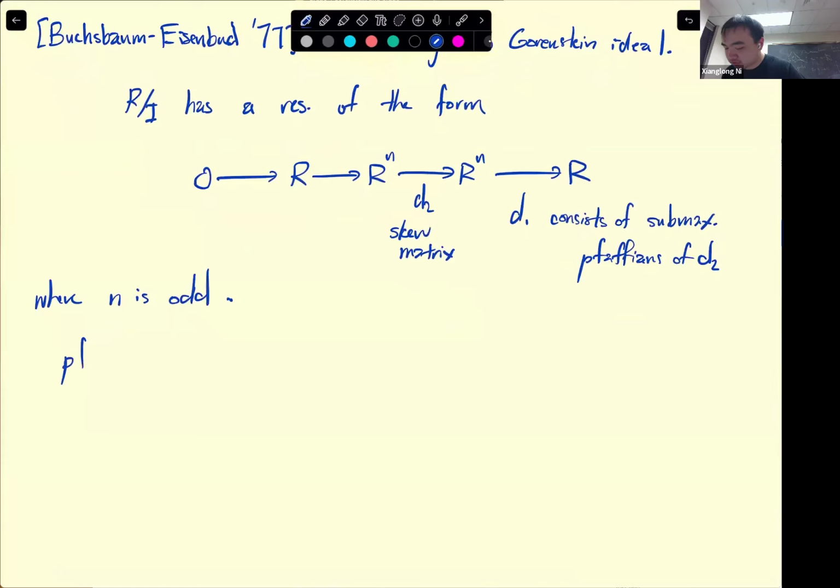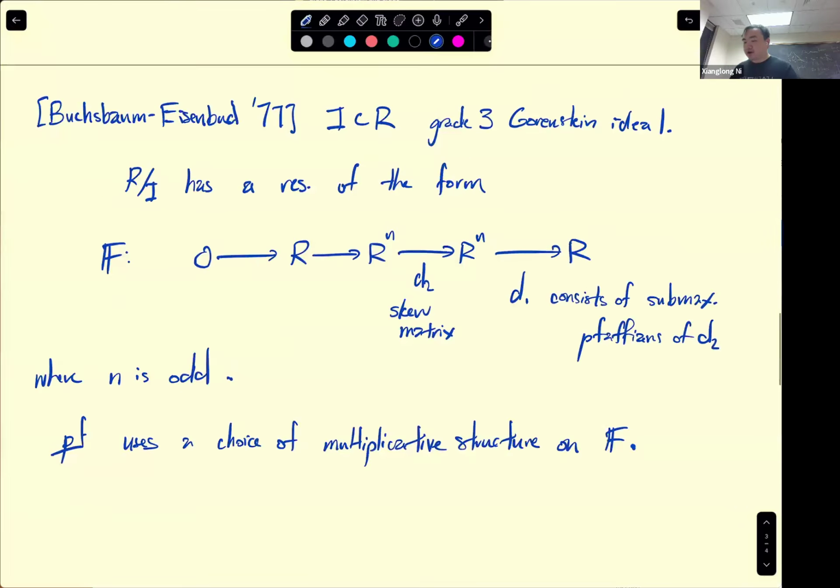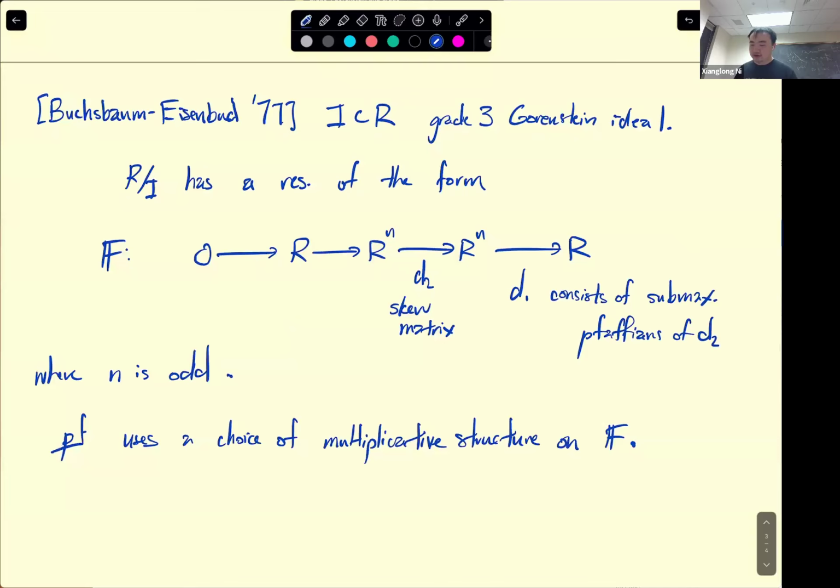So the proof uses a choice of multiplicative structure on the free resolution F. So indeed, in this same paper, they established that if you take a resolution of a cyclic module, it will have the structure of a graded commutative differential graded algebra, which need not be strictly associative, but in the case that your resolution has length 3, there's basically not enough space for associativity to fail, so it ends up actually being strictly associative.